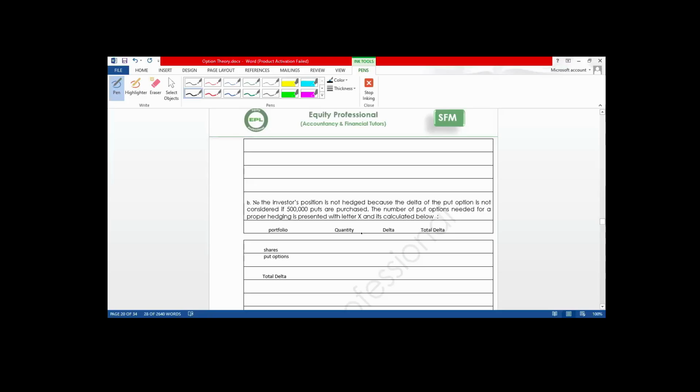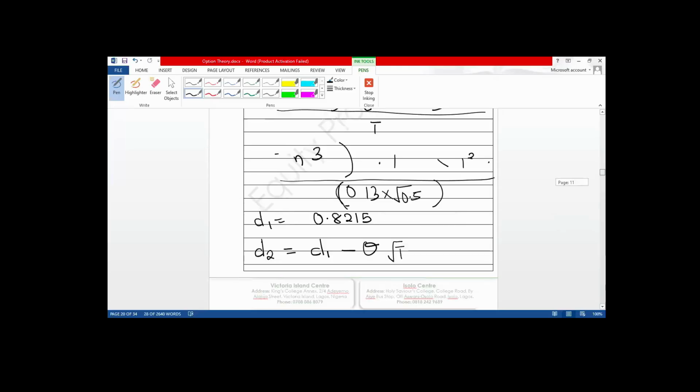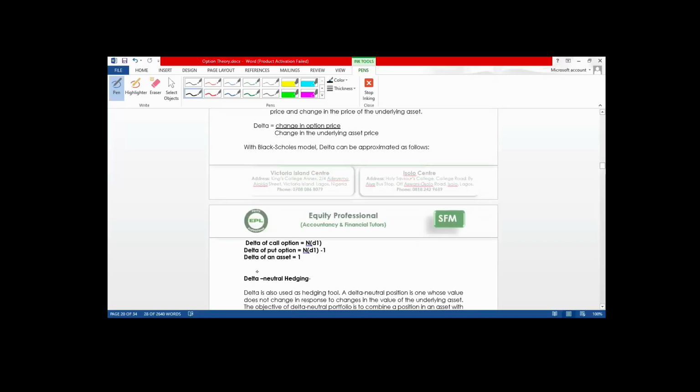How many shares do we have in this question? The investor has 500,000 shares. The shares represent assets. What is the delta of an asset? Let me refer you to it. Please look at it. Delta of an asset is 1.